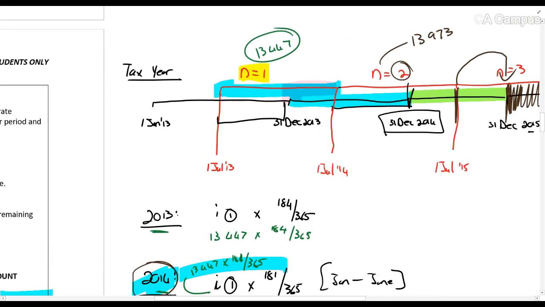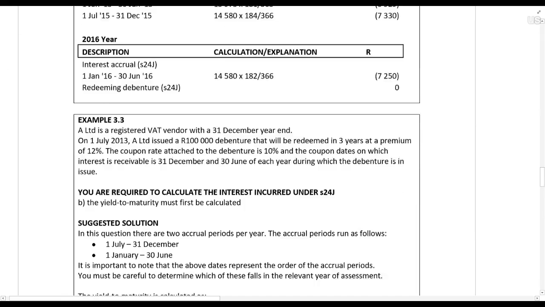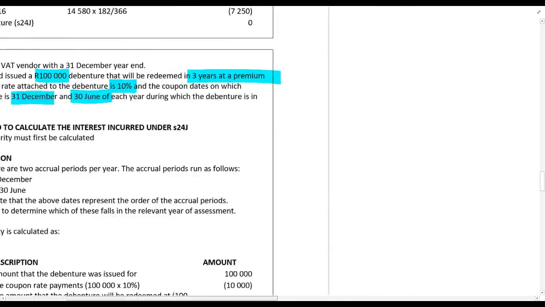Now we're going to have more than one PMT period. So they issued a 100,000 rands debenture that will be redeemed in 3 years at a premium of 12%. 10% is the rate on the debenture. And look, PMT is payable on the 31st of December and 30 June of each year.